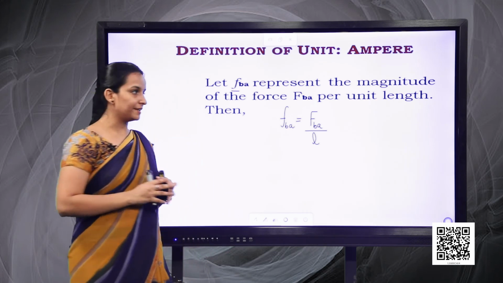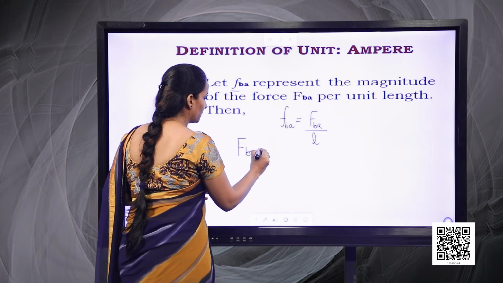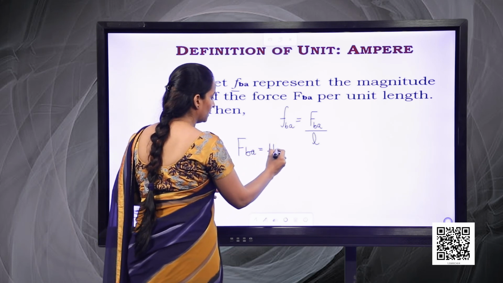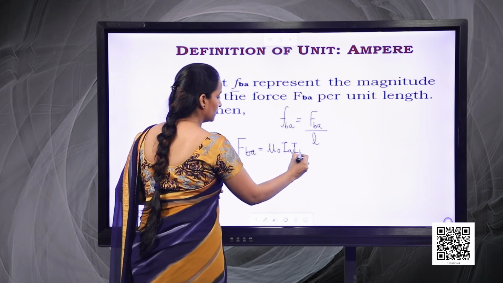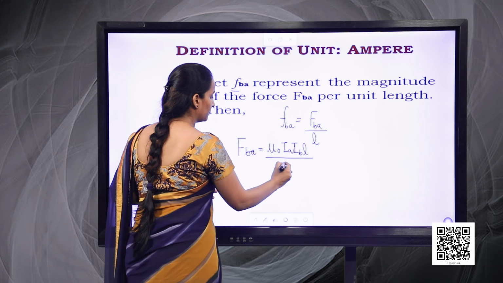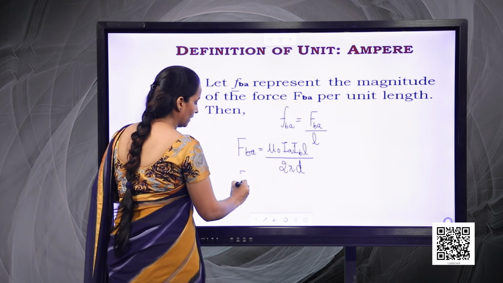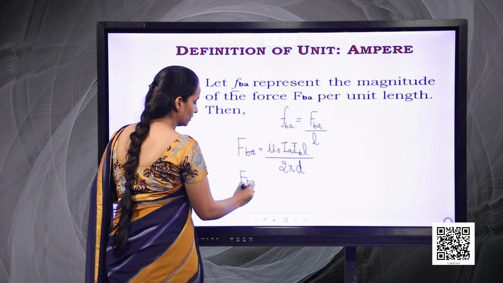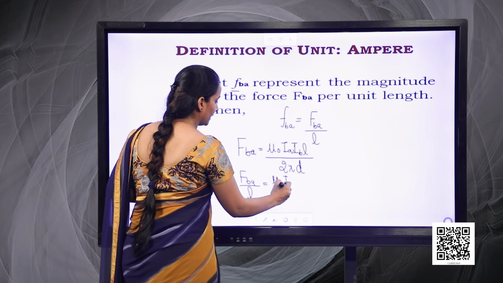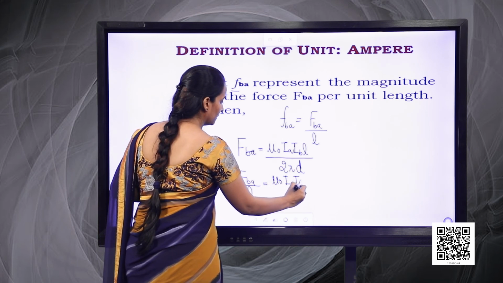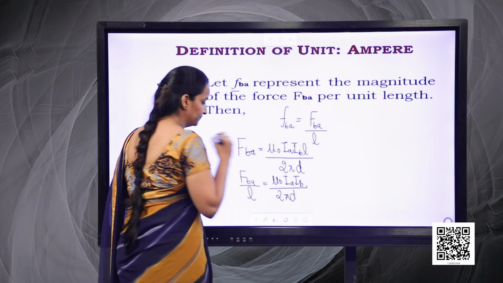As we have already derived that FBA, that is force on B due to A, is given by mu naught IA IB L divided by 2 pi d, I can take this small L on the left hand side, then I will get mu naught IA IB divided by 2 pi d.